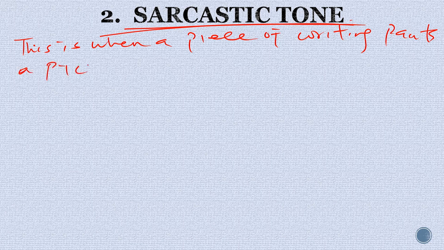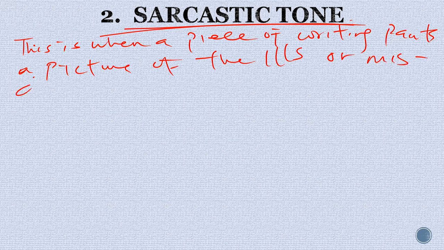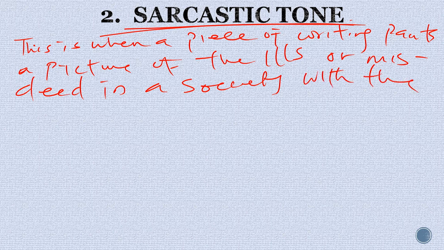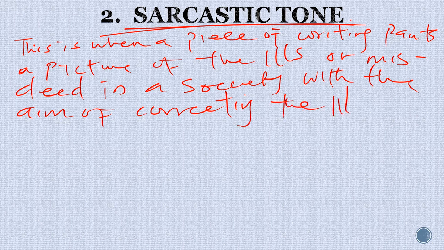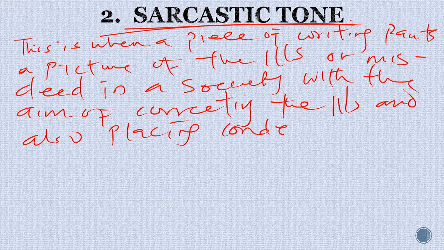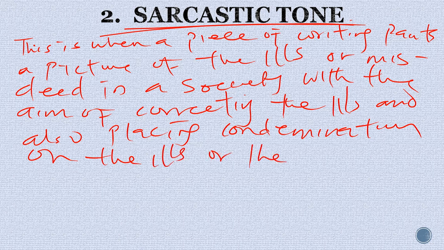Paints a picture of the ills or misdeed in a society, with the aim of correcting the ills and also placing condemnation on the ills or the misdeed outrightly, or placing condemnation on the ills or misdeed by himself.